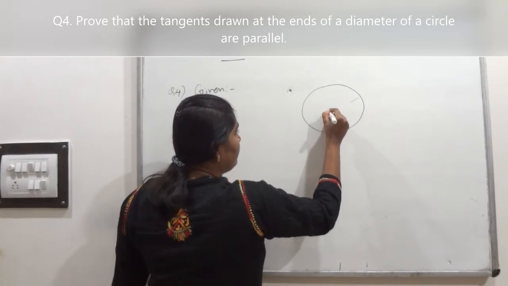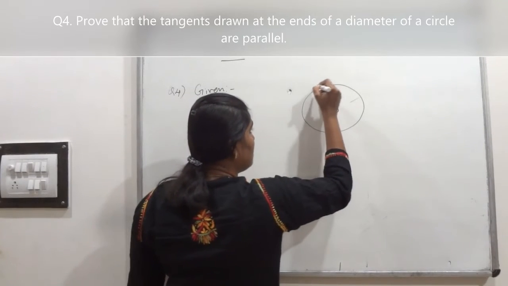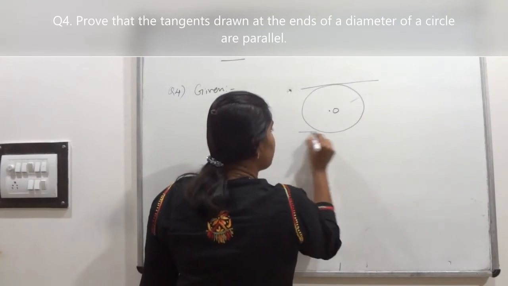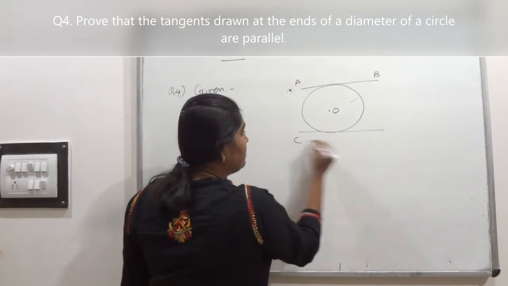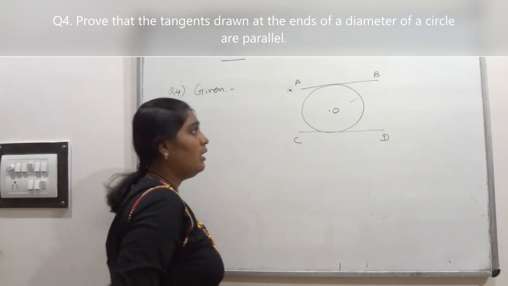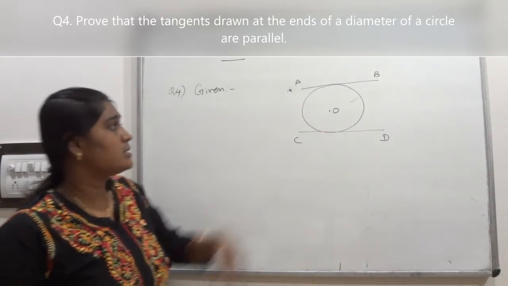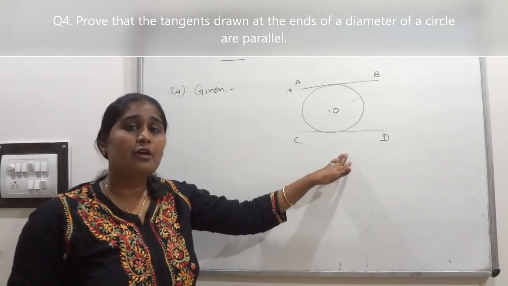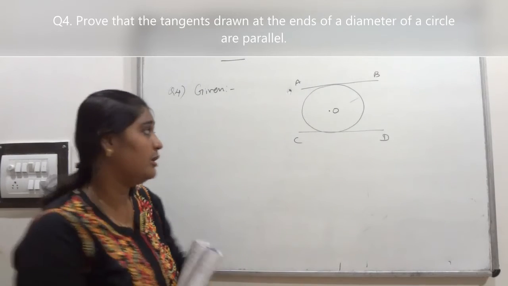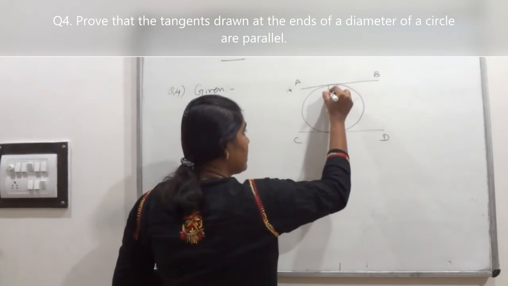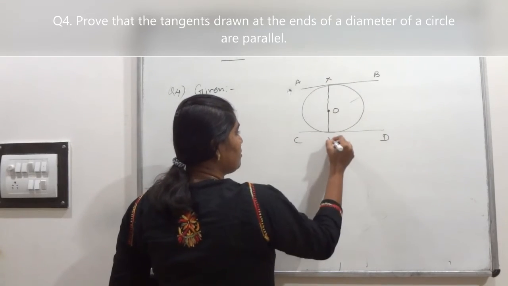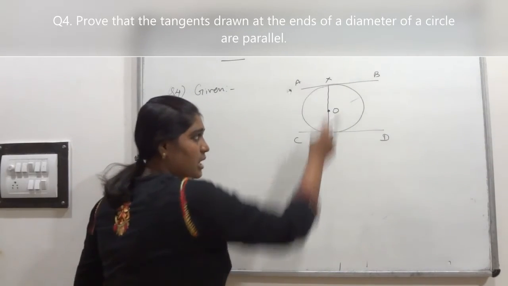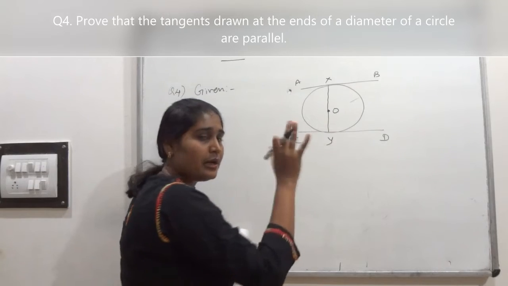Let's draw. This is O, the center of the circle. Two tangents I have drawn here, that is AB and CD. I have to show that these are parallel when they are drawn at the ends of the diameter. So here one diameter is there like this. This is XY I am marking. Suppose XY is the diameter, and AB and CD are tangents given to you.